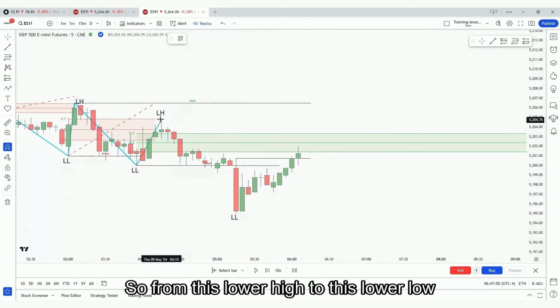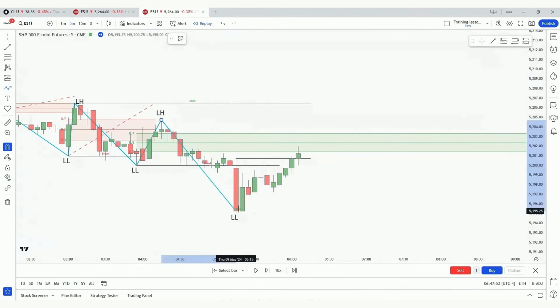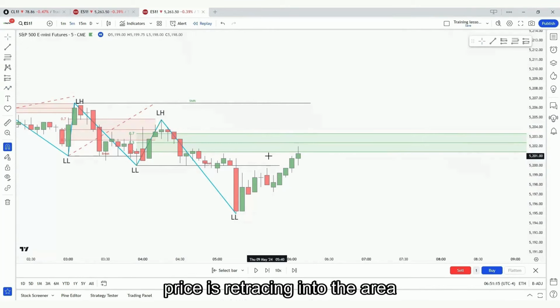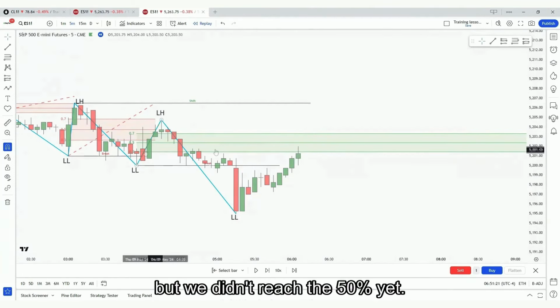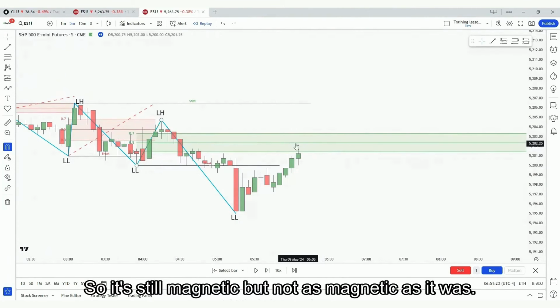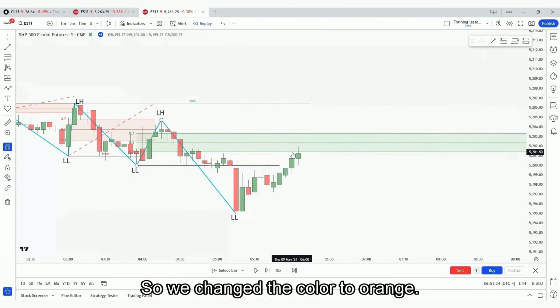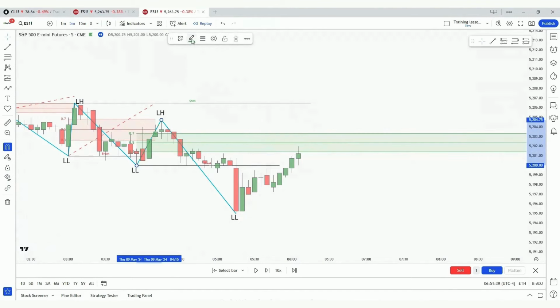So from this lower high to this lower low, price is retracing into the area and we reached the 30% line, but we didn't reach the 50% yet. So it's still magnetic, but not as magnetic as it was. So we changed the color to orange.